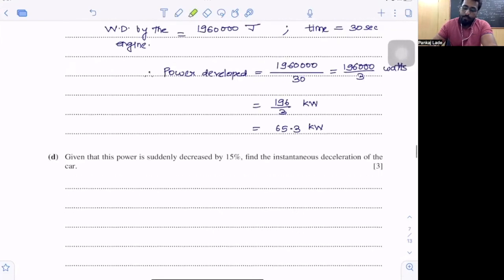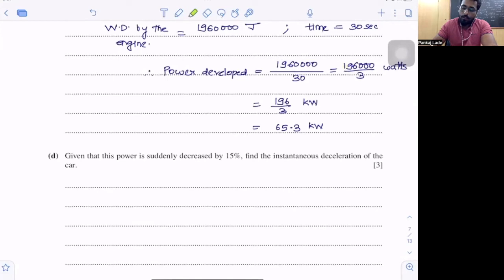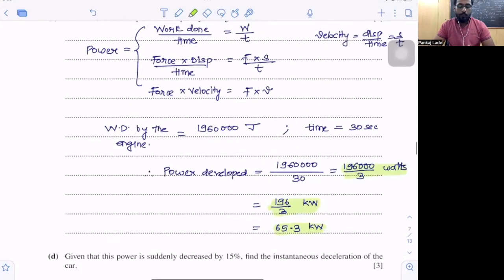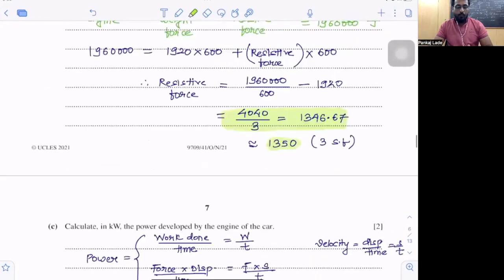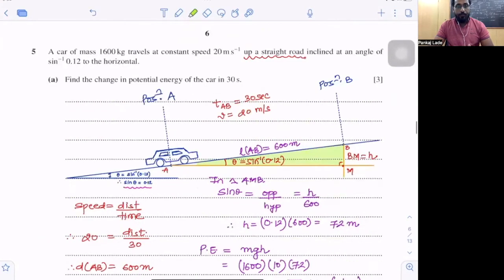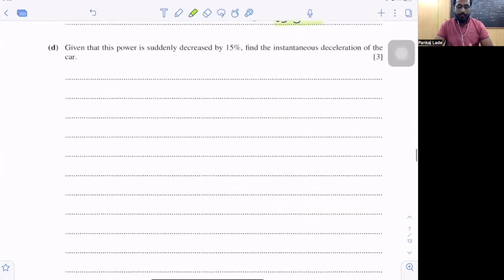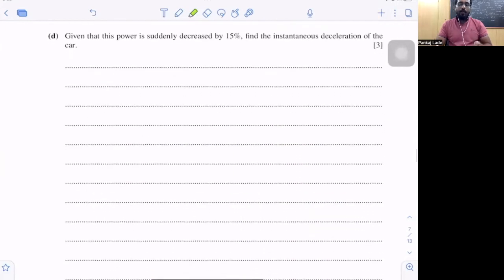So you can have multiple answers mentioned. This is in watts, this is in kilowatts, and this is in decimals. That's what part C is, for question number 5. Now we move on to the last part of the question, part D. It says that given that this power is suddenly decreased, power is decreased by 15%.